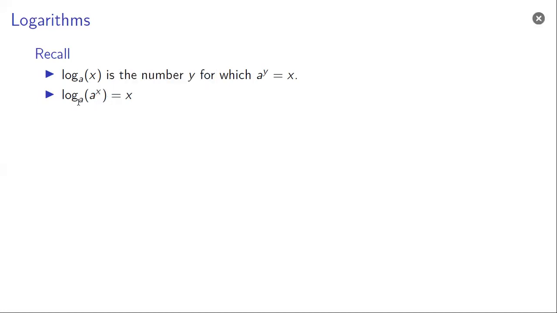Well, if I start with a, what do I have to raise a to the power of in order to get a to the power of x? It's pretty obvious. I just have to raise a to the power of x. So the answer is x. Another formula: a to the power of log base a of x is equal to x.